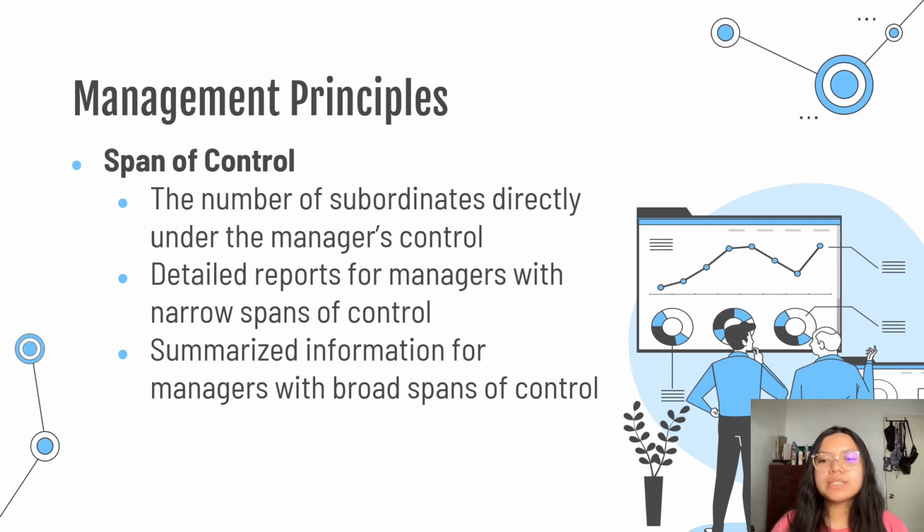These managers delegate more of their decision-making authority to their subordinates. The different management approaches require different information. Managers with narrow spans of control require detailed reports, while managers with broad control responsibilities operate most effectively with summarized information.